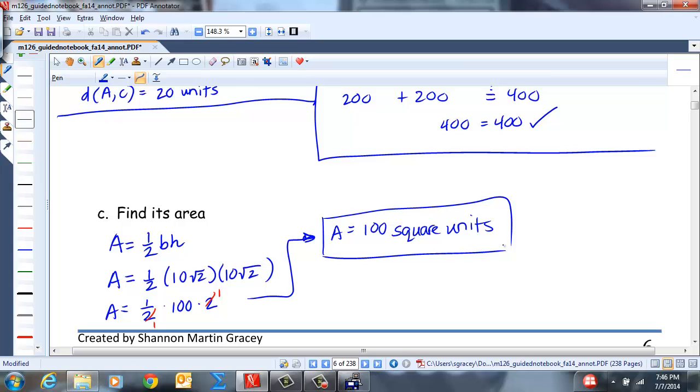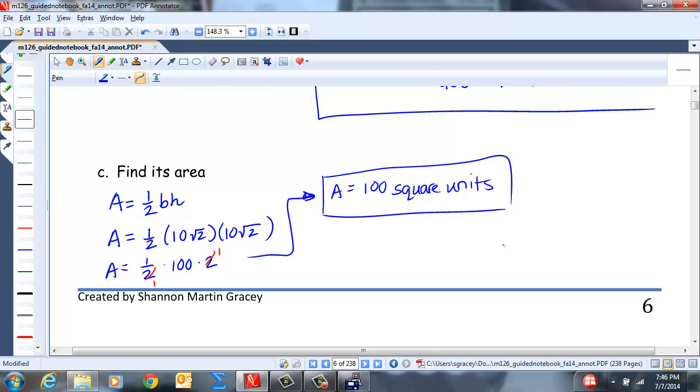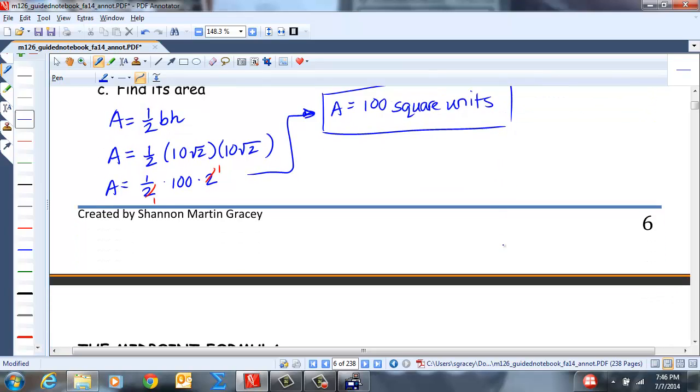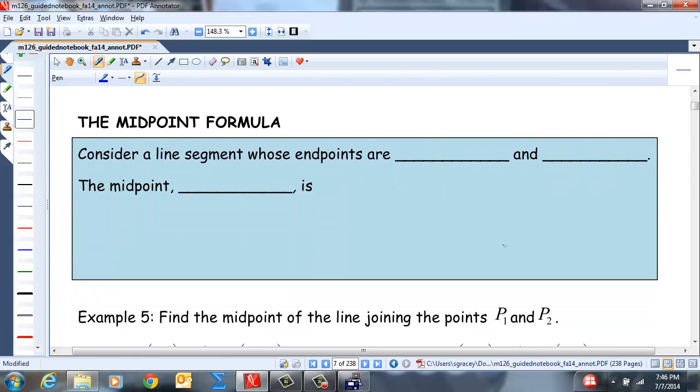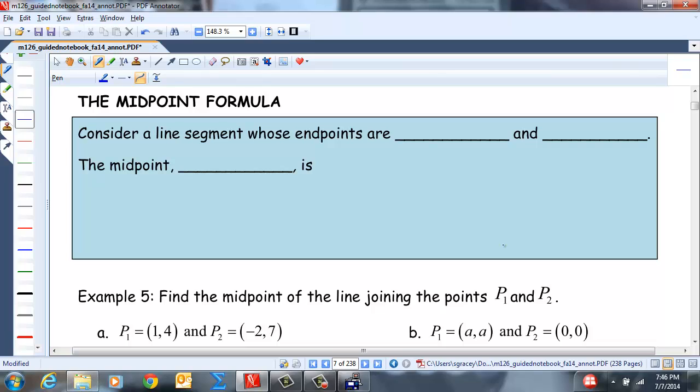And there we go. So that's one of the applications of distance. All right, so now the midpoint formula, a little easier to work with. A line segment whose endpoints are P1 equals (x1, y1) and P2 equals (x2, y2).